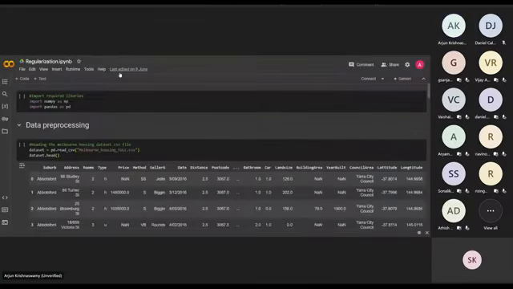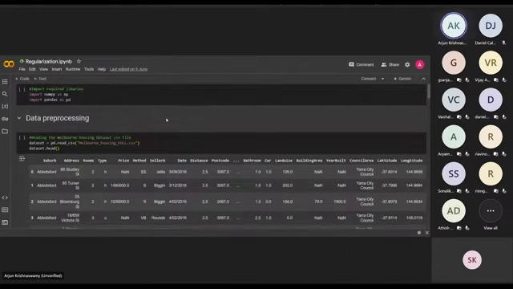The code. I'm assuming it's visible. So we'll be finding out how regularization improves the accuracy and how it reduces overfitting. We'll be using the Melbourne housing price dataset.